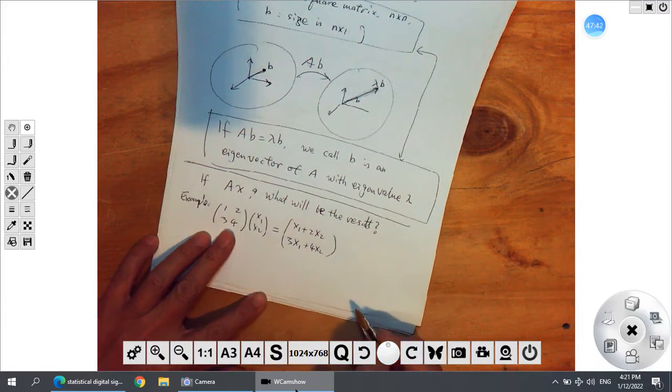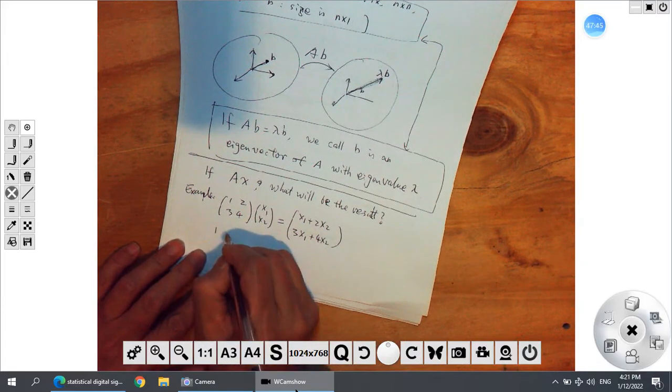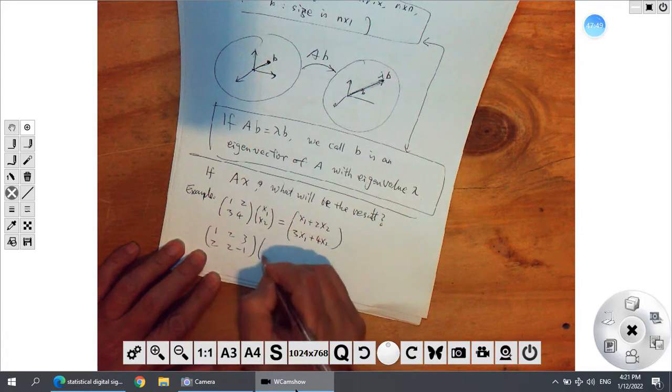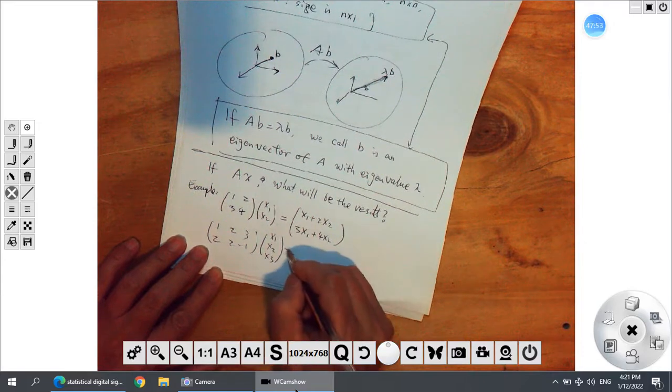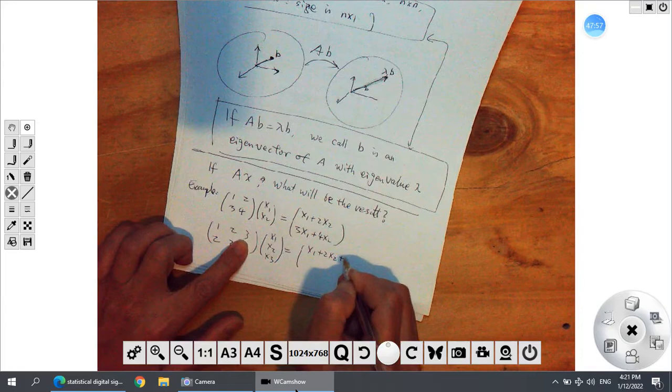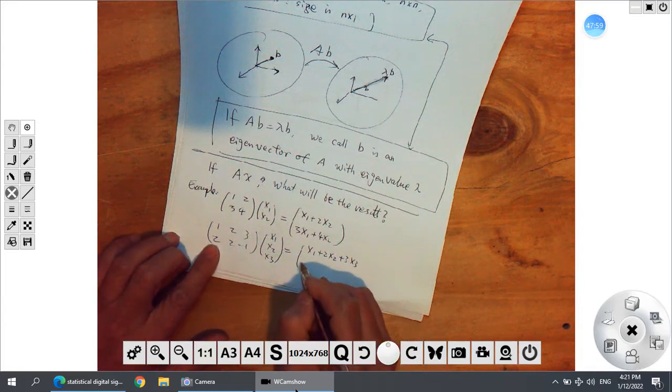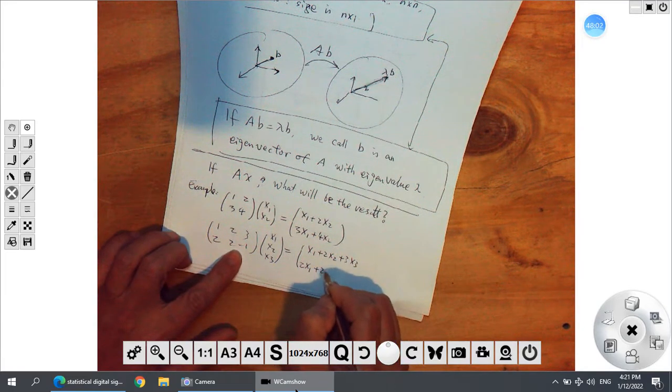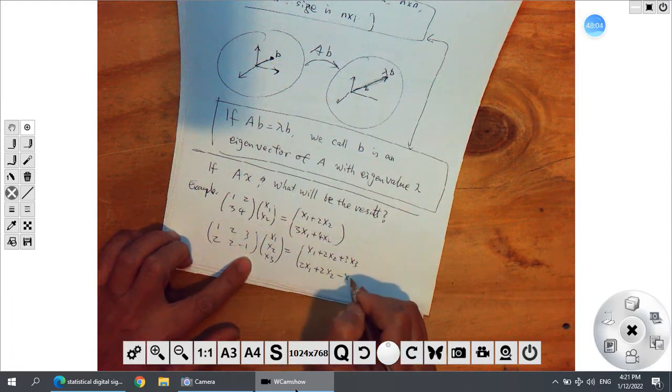You see? And one more: 1, 2, 3, 2, 2, negative 1 times x1, x2, x3. It will be x1 plus 2x2 plus 3x3. And here's 2x1 plus 2x2 minus x3.